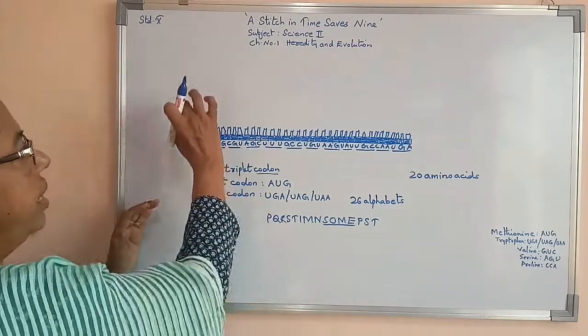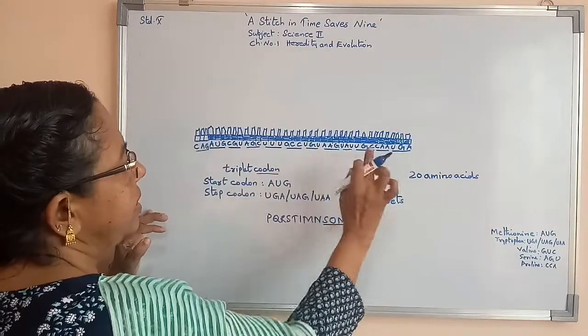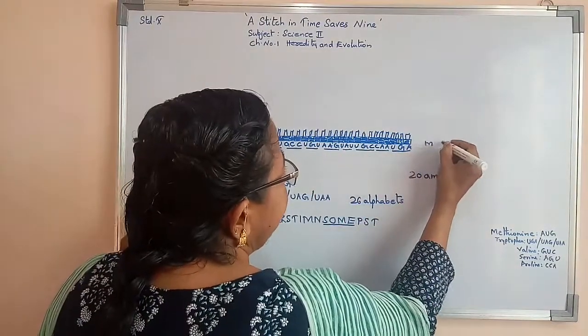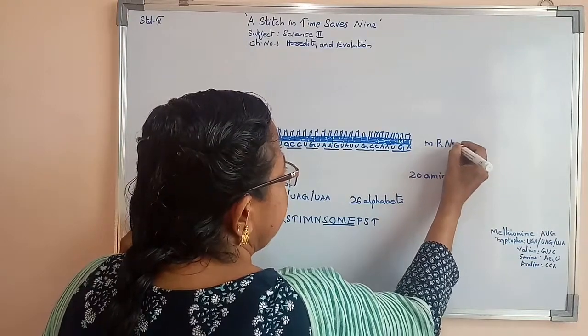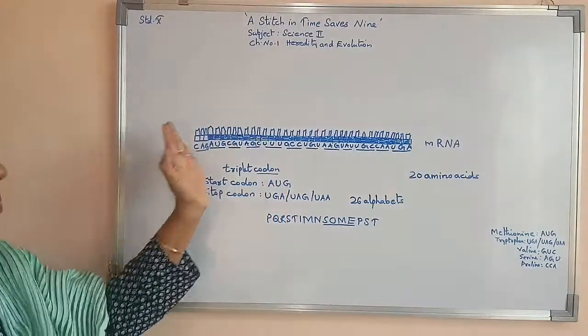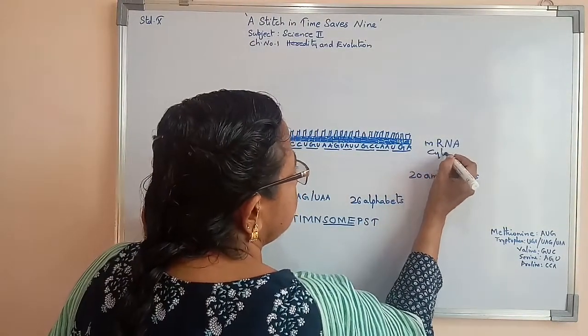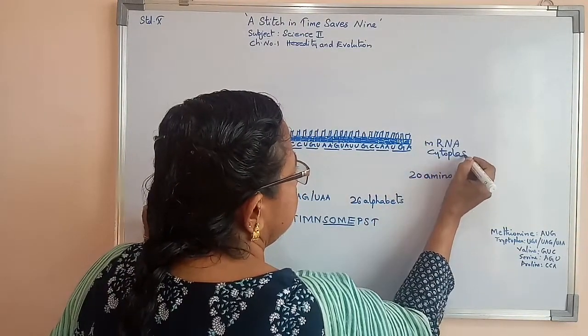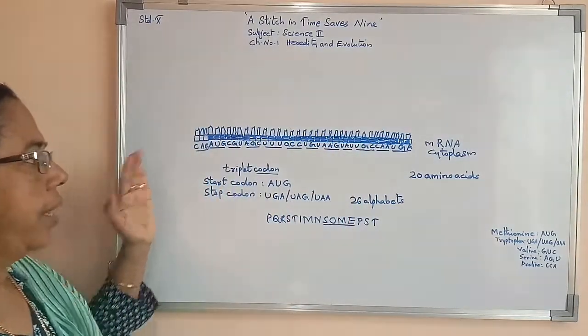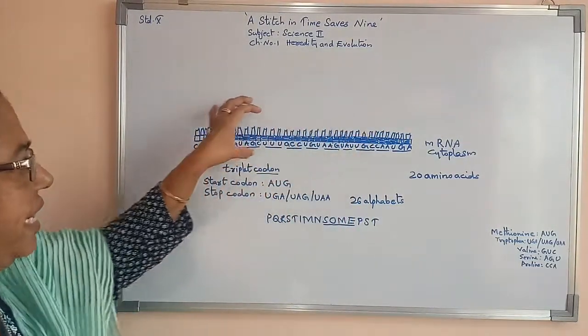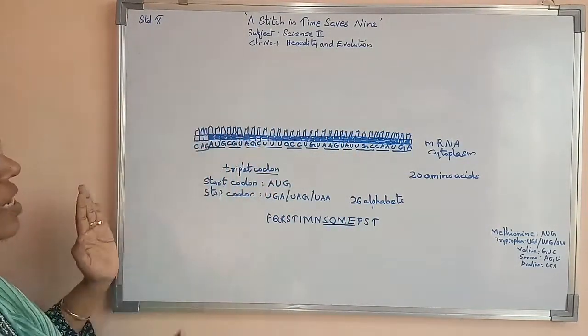Now this messenger RNA is already lying in the cytoplasm. Here one transfer RNA will come.